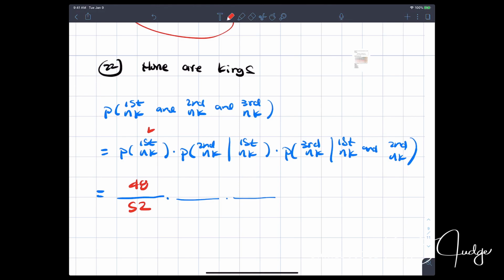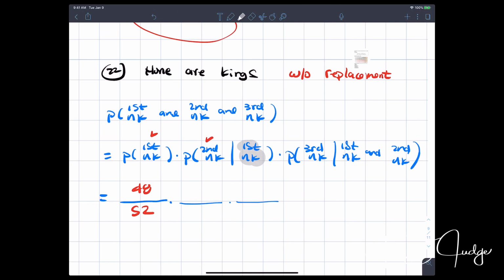It's not a king. 4 kings gives you 48 cards that are non-kings out of the 52. And again, this is without replacement. And yes, Cassandra's correct. Catherine's correct. Good job.